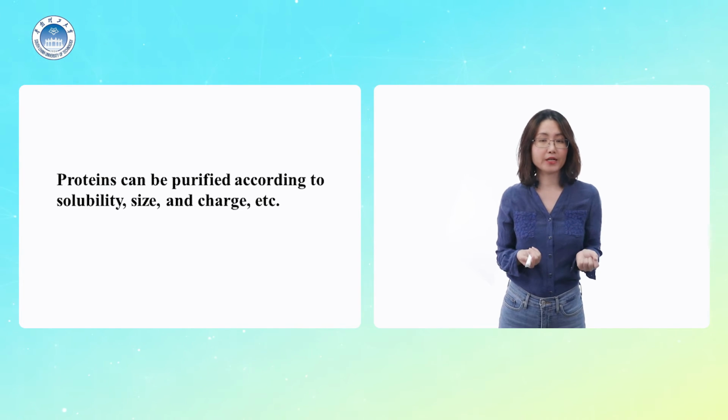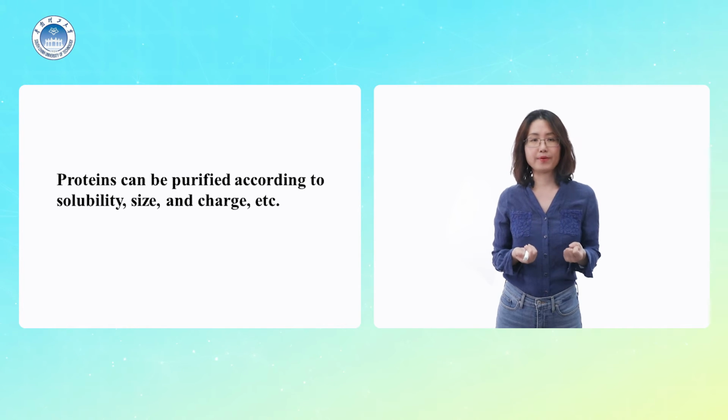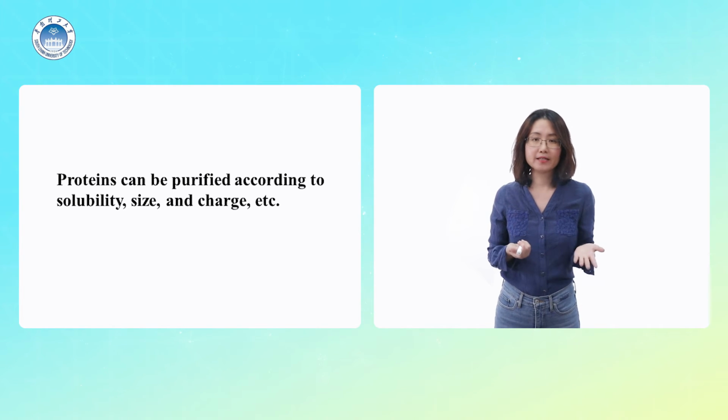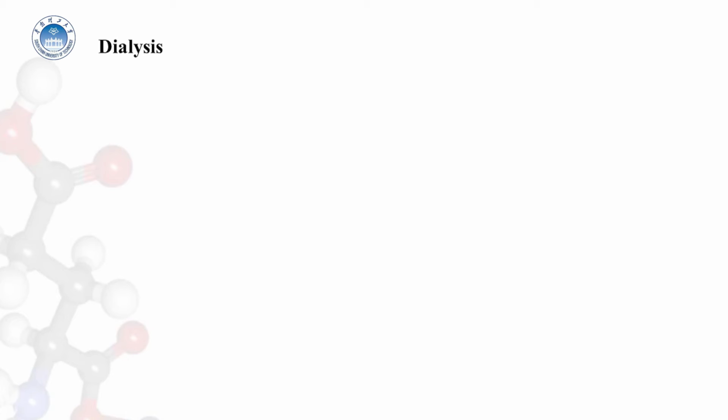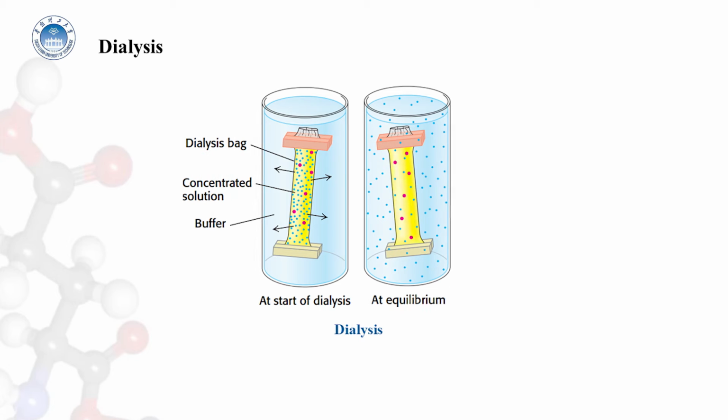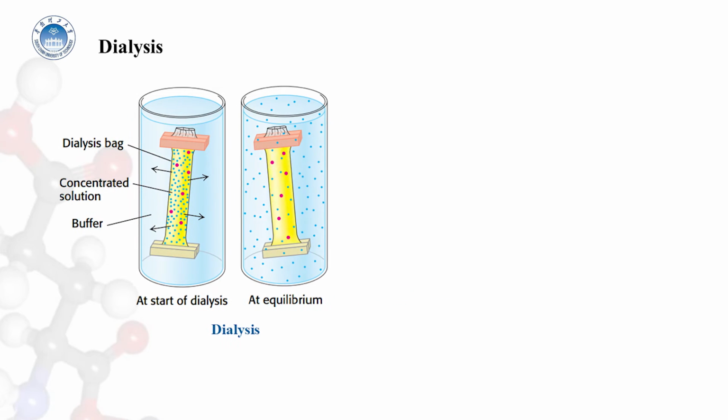Proteins can be separated from one another on the basis of solubility, size, charge, and binding ability. First, we're going to introduce dialysis. Proteins can be separated from small molecules such as salt by dialysis through a semi-permeable membrane, such as a cellulose membrane with pores.